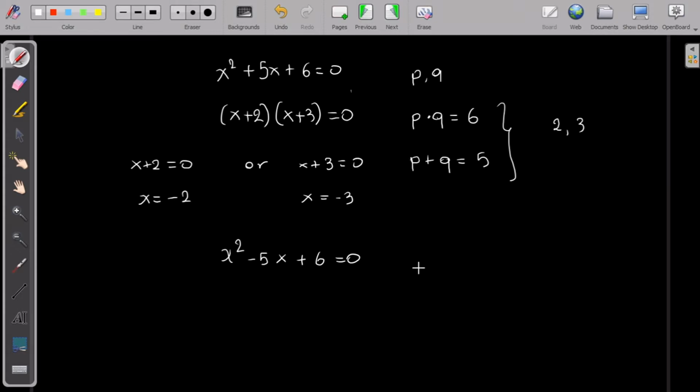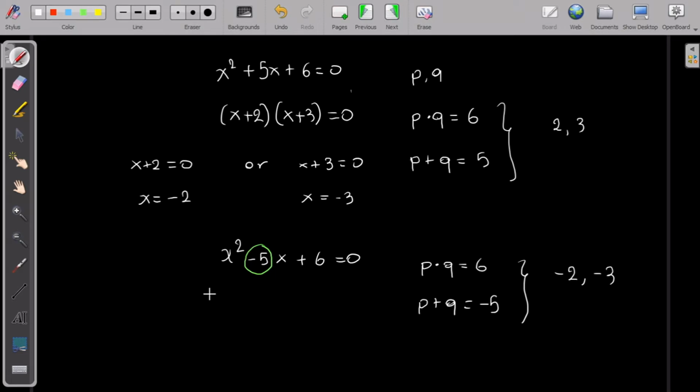Now again, I should find two numbers that when I multiply them, they should give me 6, and when I add them, they should give me minus 5, because the coefficient of x is minus 5. So which are these two numbers? If you try again, you will see that it's minus 2 and minus 3. Minus 2 plus minus 3 is minus 5, and if I multiply them, it's plus 6.